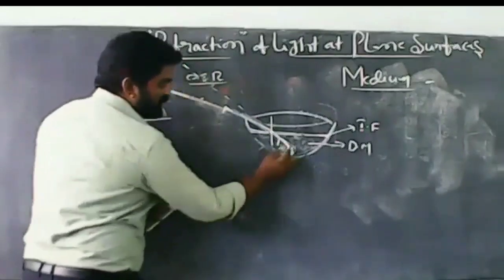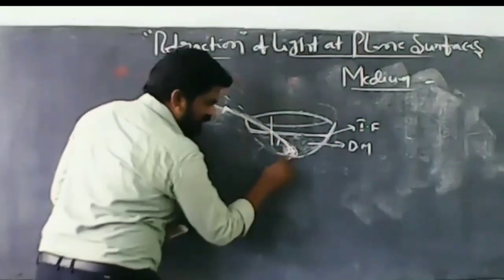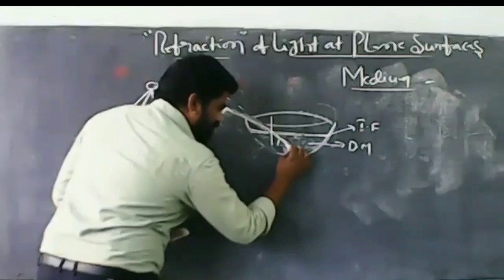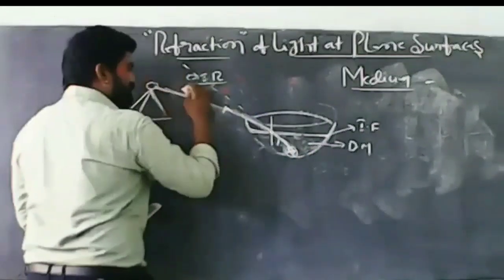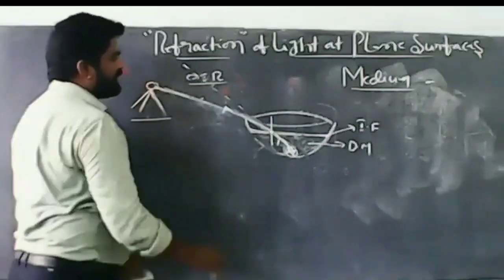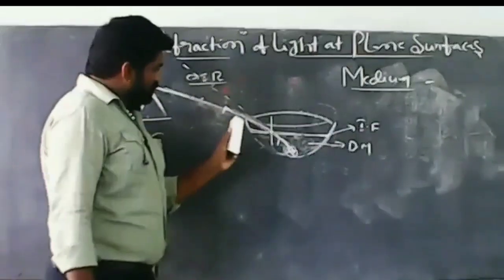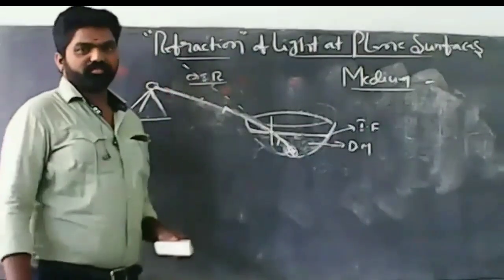Because of the two mediums, the light rays coming from the coin, when transferred from one medium to another, change their direction. This effect is called refraction.